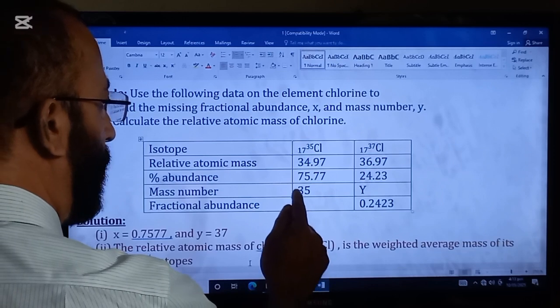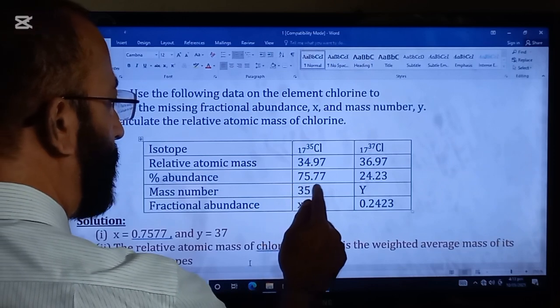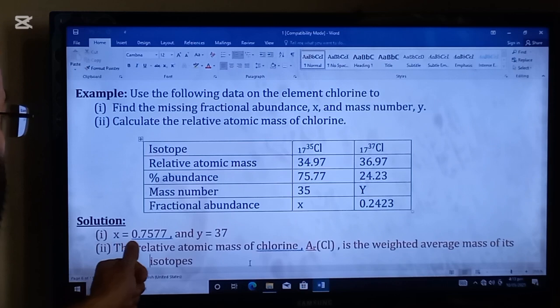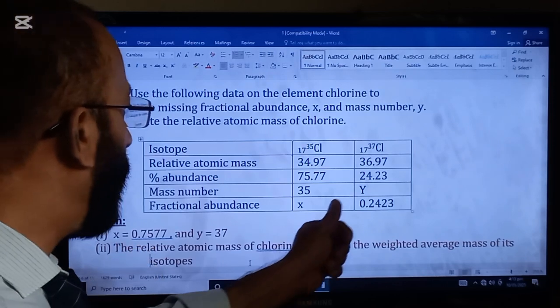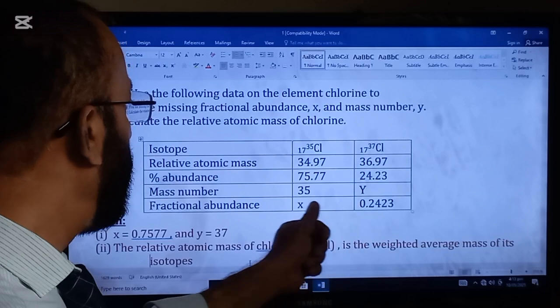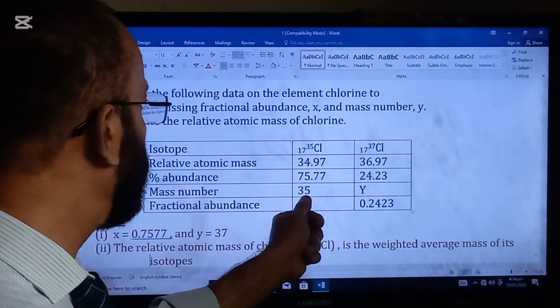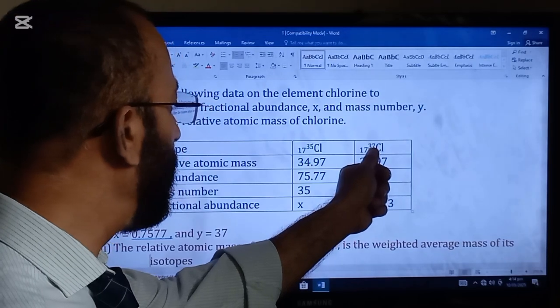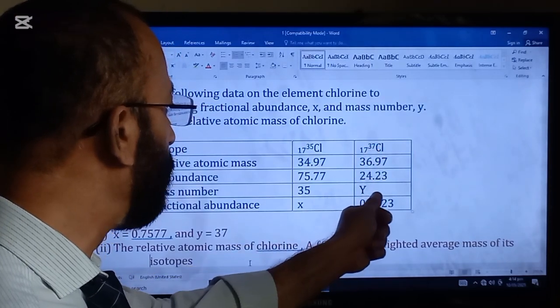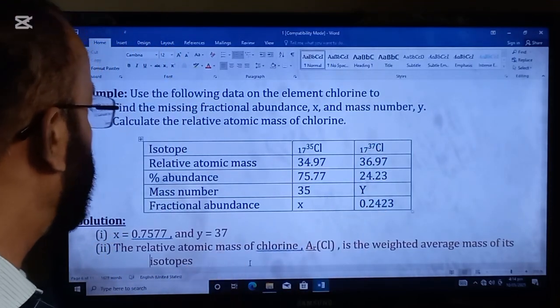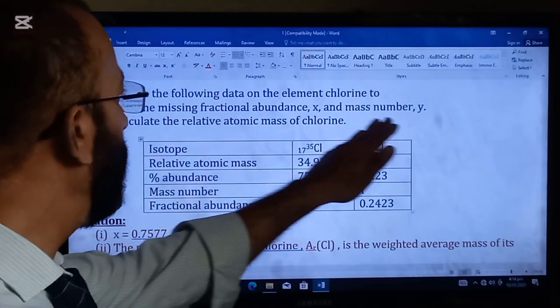So X will be equal to 0.7577. So this is the value of X. And Y's requirement is, so 35 is actually the nucleon number, that is here. And this 37 is the nucleon number of this, so Y is equal to 37. This was the first part.